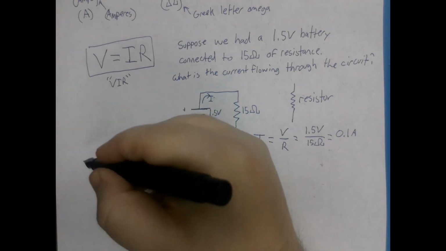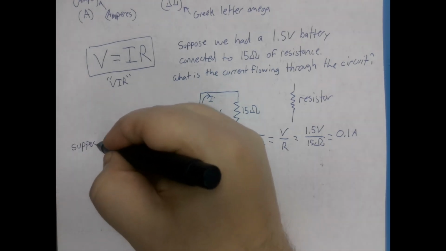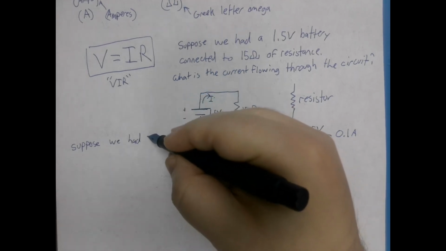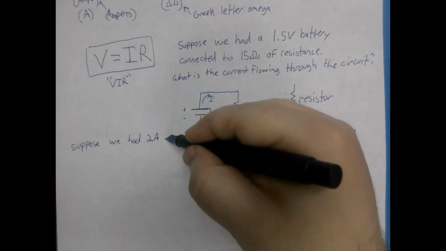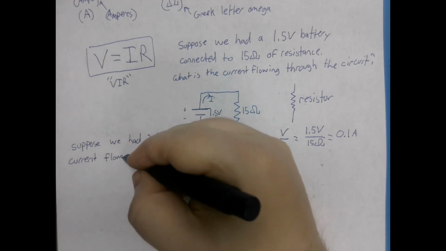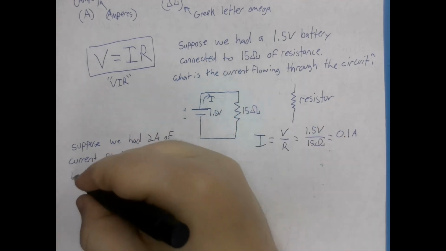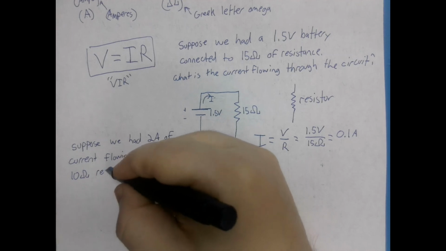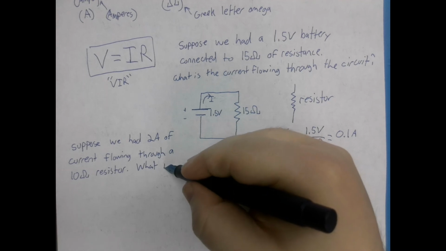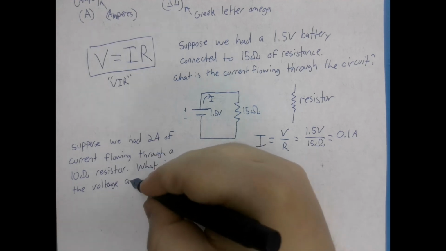Let's do another question. Suppose we had 2 amps of current flowing through a 10 ohm resistor. What is the voltage difference across the resistor?